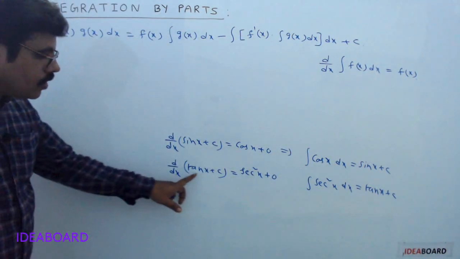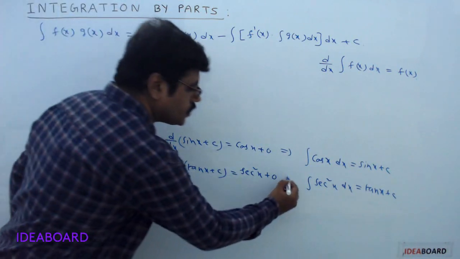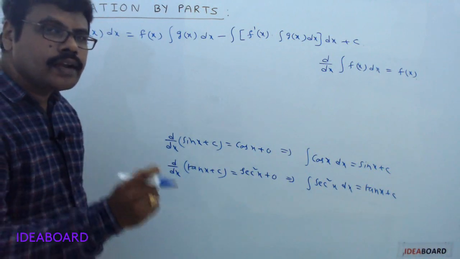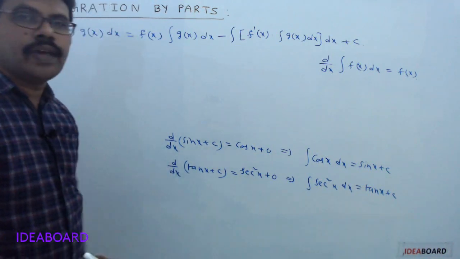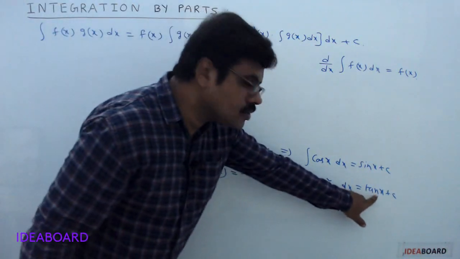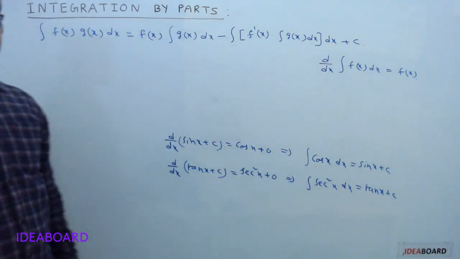If derivative of tan x plus some constant equals secant square x, then tan x plus c is called antiderivative of secant square x. It can be written as tan x plus c equals integral secant square x dx.